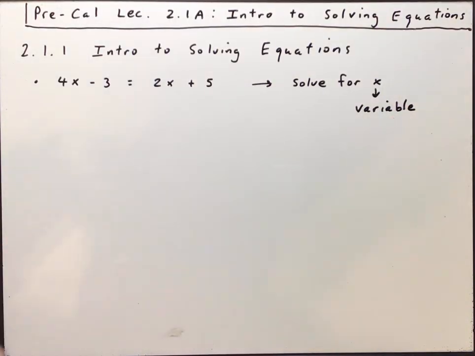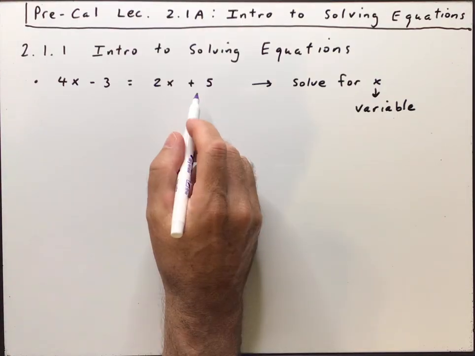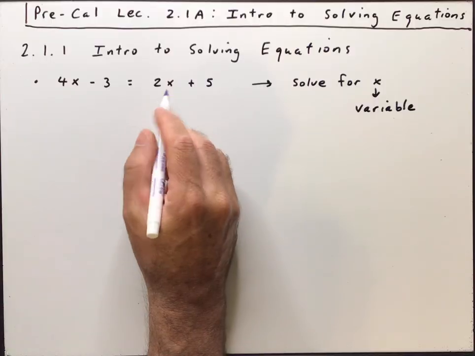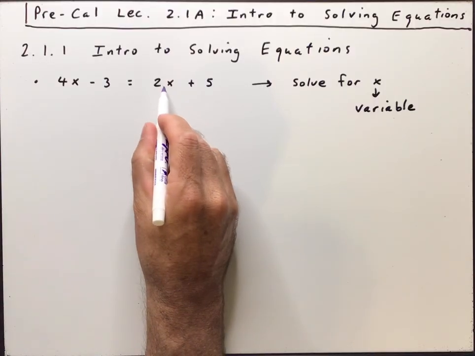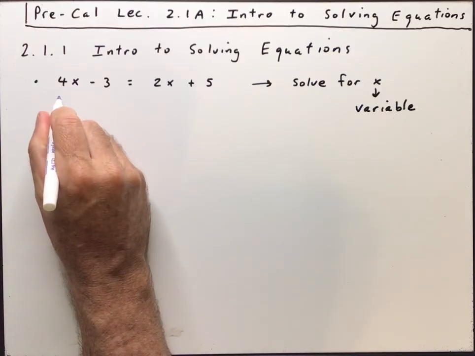Possibly the way that you were taught to do this is to get all the x values on one side. So we want to eliminate the x values on the right side and get them all over to the left side.